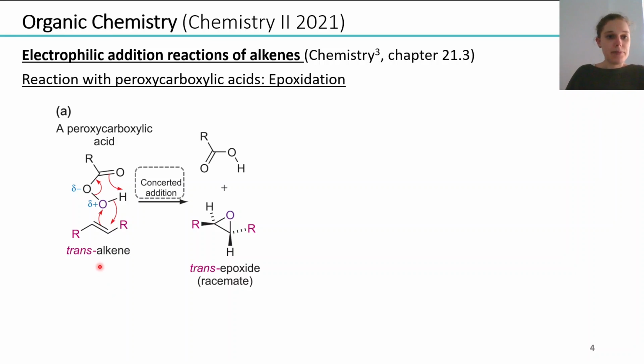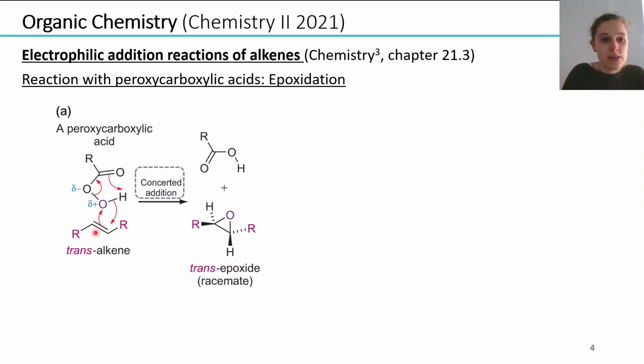The oxygen atom of the hydroxide group is partially positively charged. The reason for this is the very strong electron-withdrawing effect of this substituent here. That means we get a partial positive charge on this oxygen atom, and hence this oxygen atom acts as an electrophile by accepting a pair of electrons from the carbon-carbon double bond.